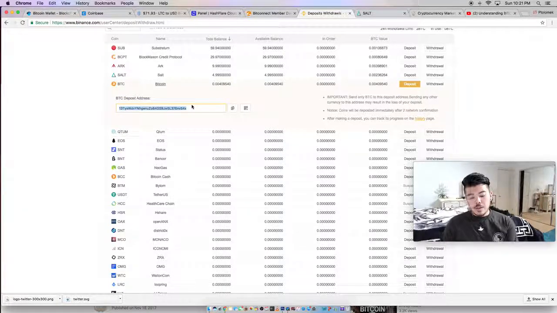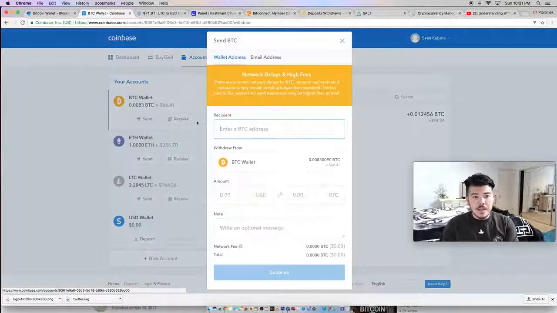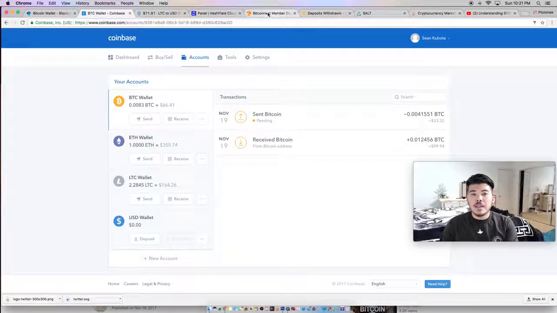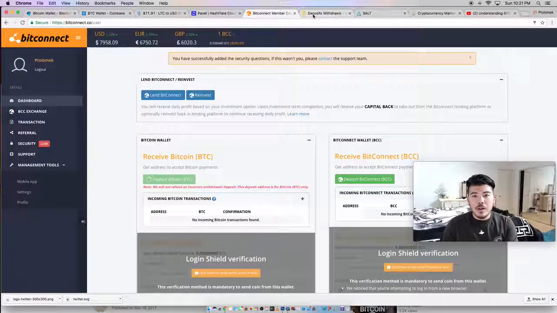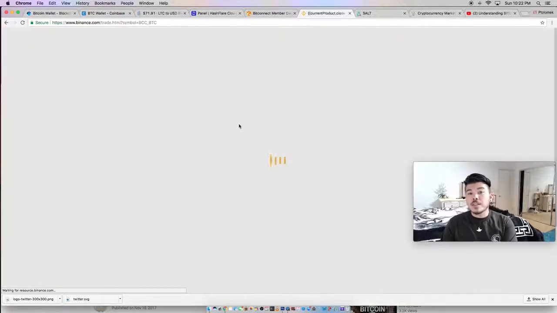It gives you this address, just like we've done in recent videos. We would go over to our Coinbase and send some of our Bitcoin, however much we want to send over, if that makes sense. And then we're going to come back to our Binance and go to exchange, basic exchange.